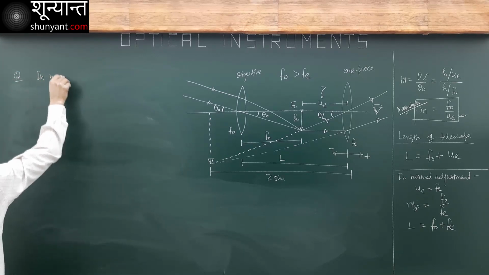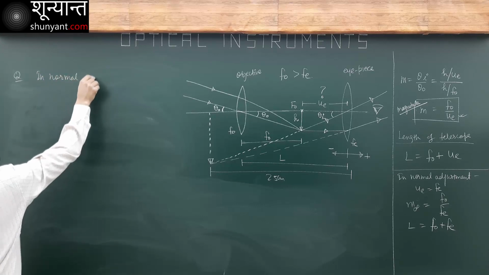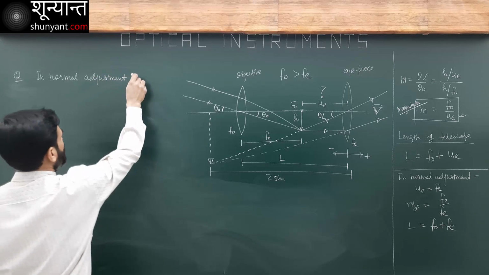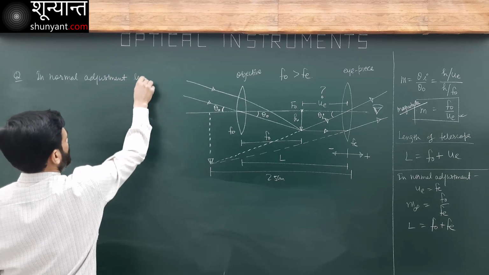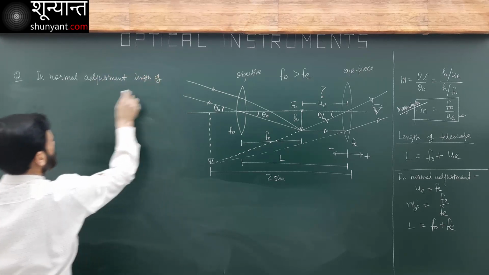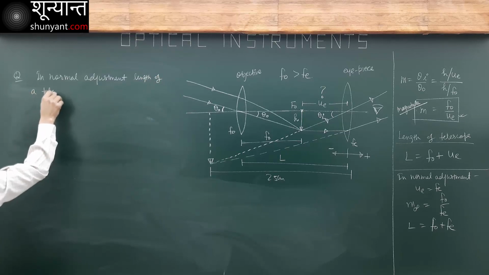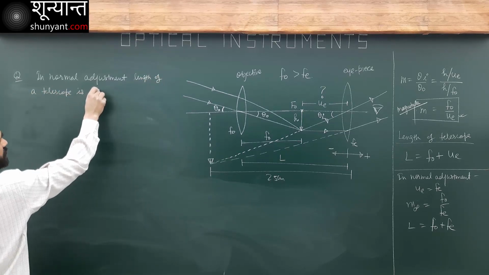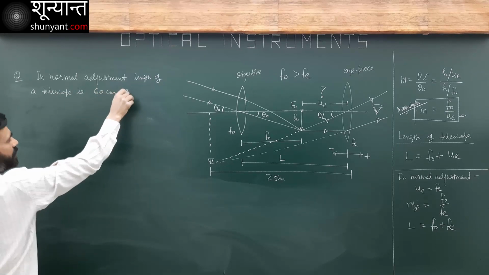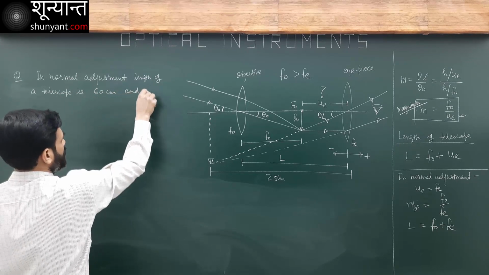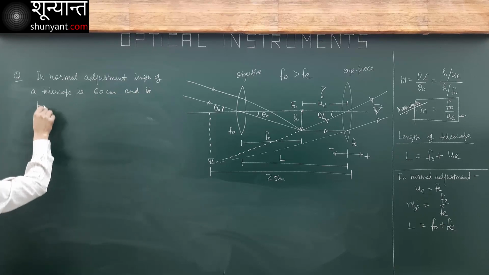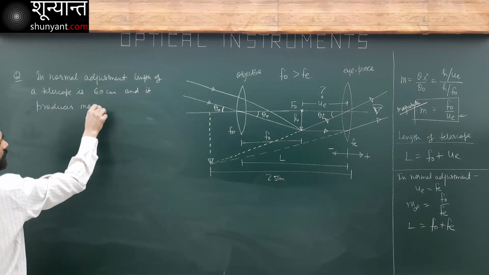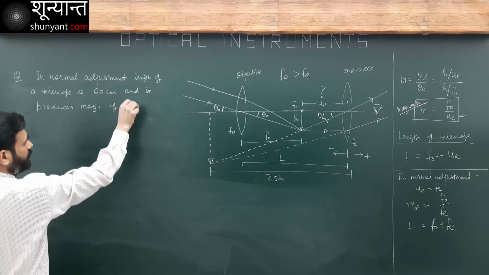In normal adjustment, the length of a telescope is 60 centimeter and it produces a magnification of 11.